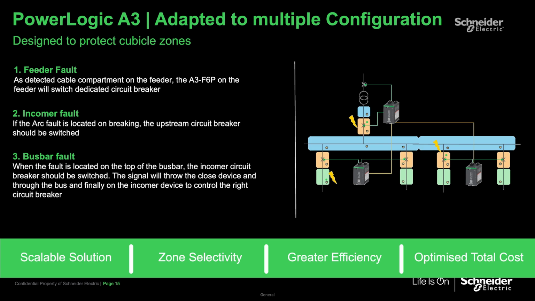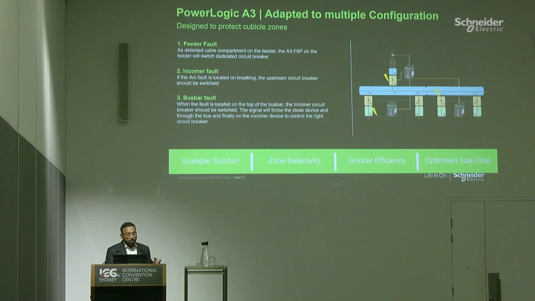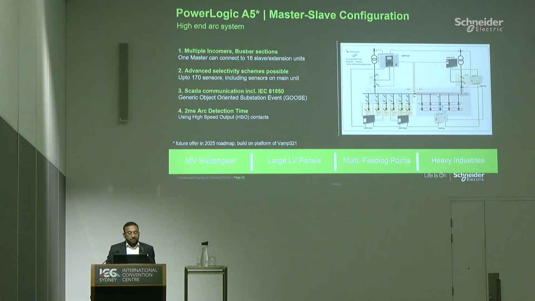So in Australia or across the world, a lot of people were deploying WAM321, which is a big elephant, for a 7 to 8 vertical kind of switchboard. So in that case, our R&D came up with a solution, which is PowerLogic A3, again a master-slave phenomenon. And using a combination of this, you are able to cover multiple configurations.